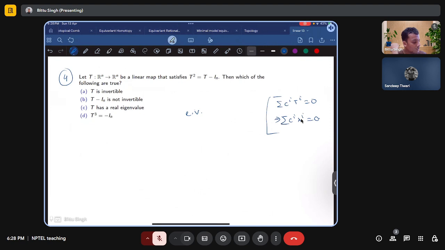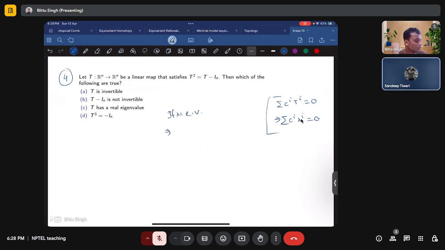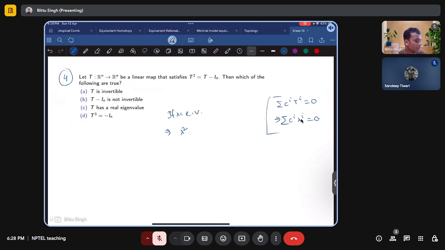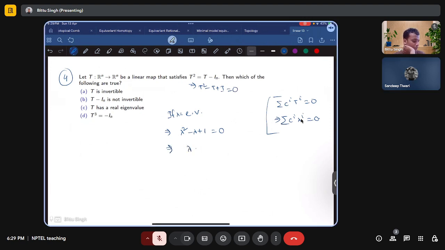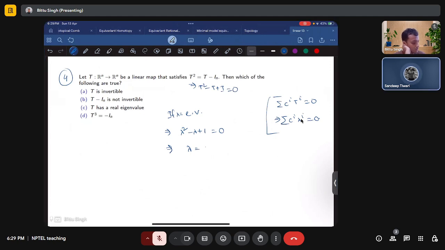So if lambda is an eigenvalue, then lambda square minus lambda plus 1 will be 0, because this equation is T square minus T plus I is 0. So what if we solve? The roots are minus omega and minus omega square.